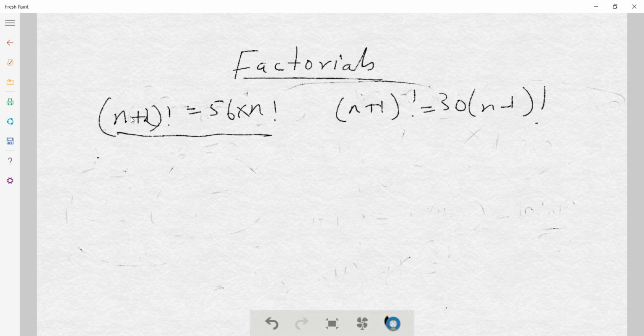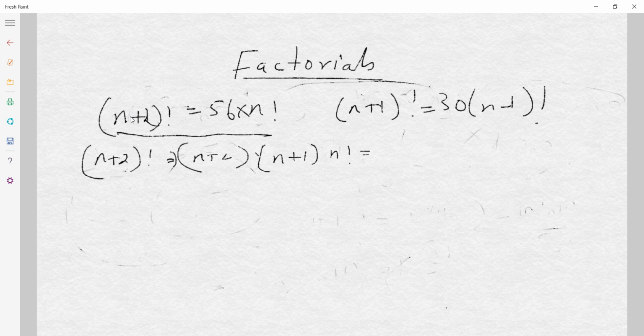So n plus 2 factorial, you can write something like this: n plus 2 times n plus 1 times n factorial equals 56 n factorial. Because, imagine it is 6, for instance. 6 will become 5, right? So n plus 2 becomes n plus 2 minus 1, that becomes n plus 1. Times n plus 1 becomes n plus 1 minus 1, so that becomes n factorial.